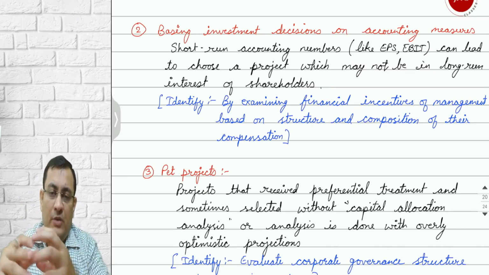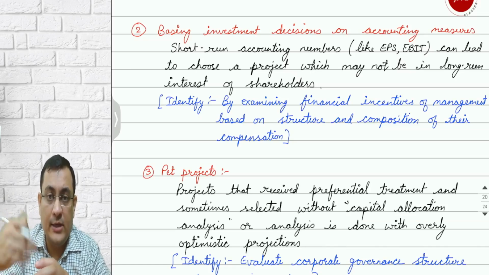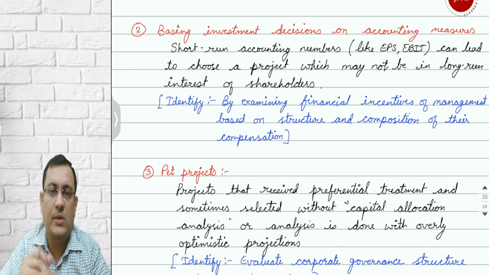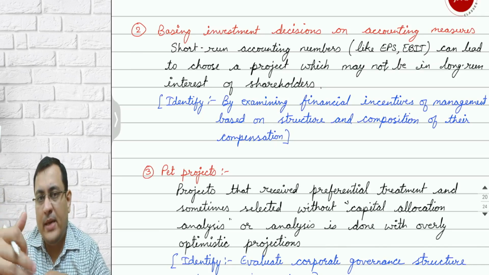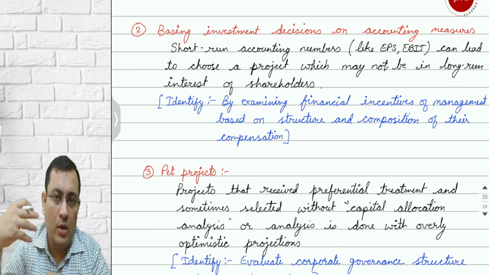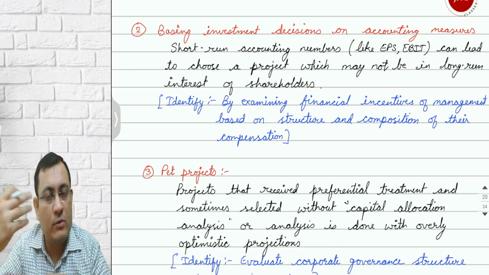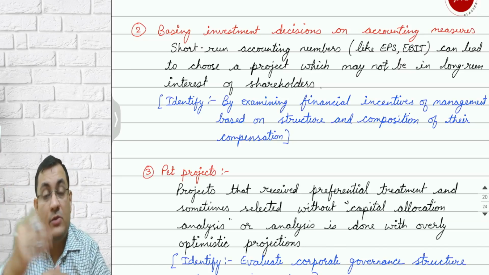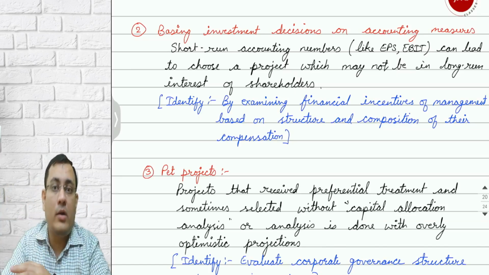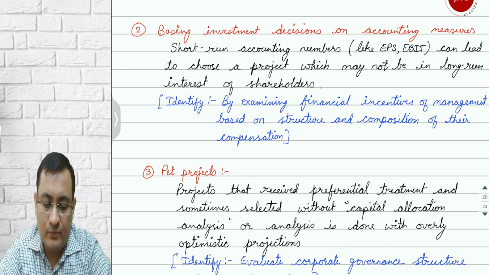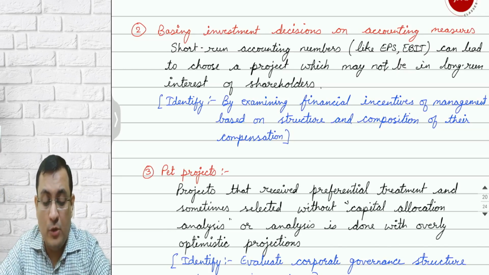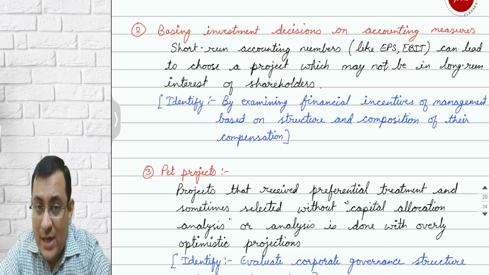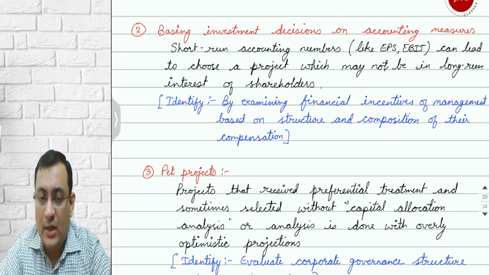If the decision is based on EPS or MPS numbers, to increase the EPS or MPS, management may go for more cost cutting or more buyback and dividends, which may not be good in the long run for the company. So decisions should be based on long-term cash flow numbers, not on accounting measures.